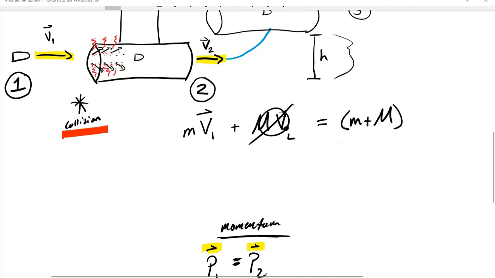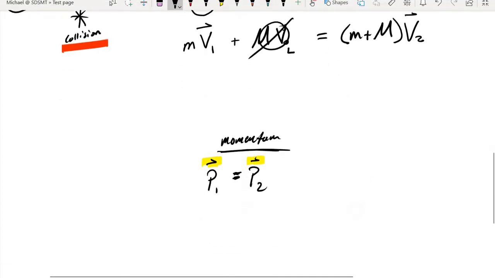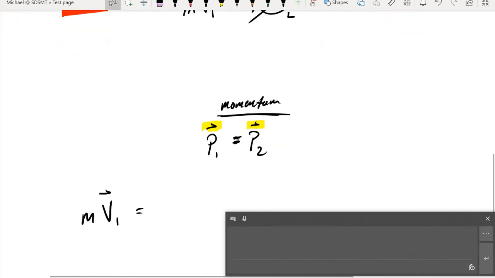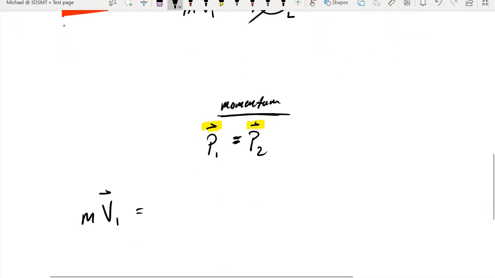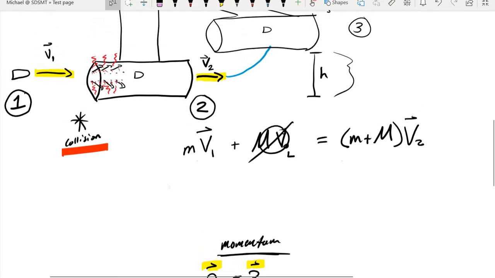But it's this combined mass of the bullet and the log which will then travel away with this velocity that we're calling v2. So just to summarize what we have here, that's the conservation of momentum between sites 1 and 2.